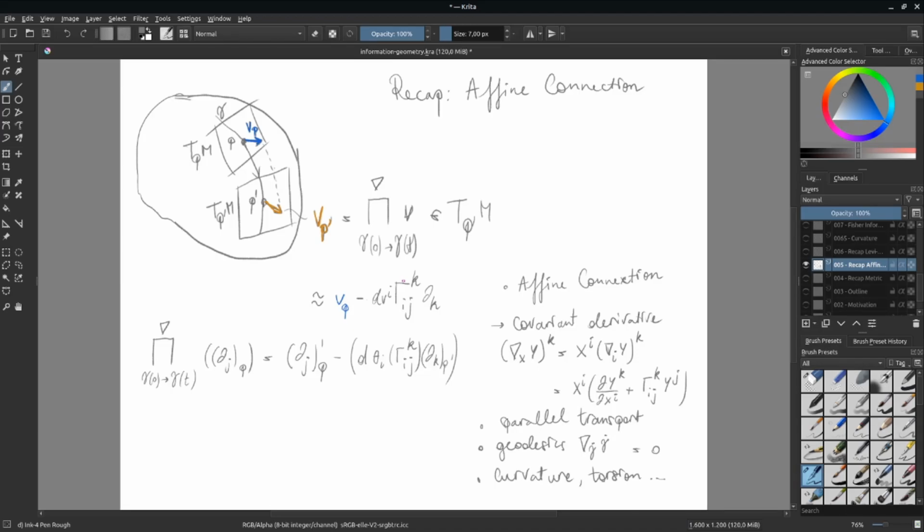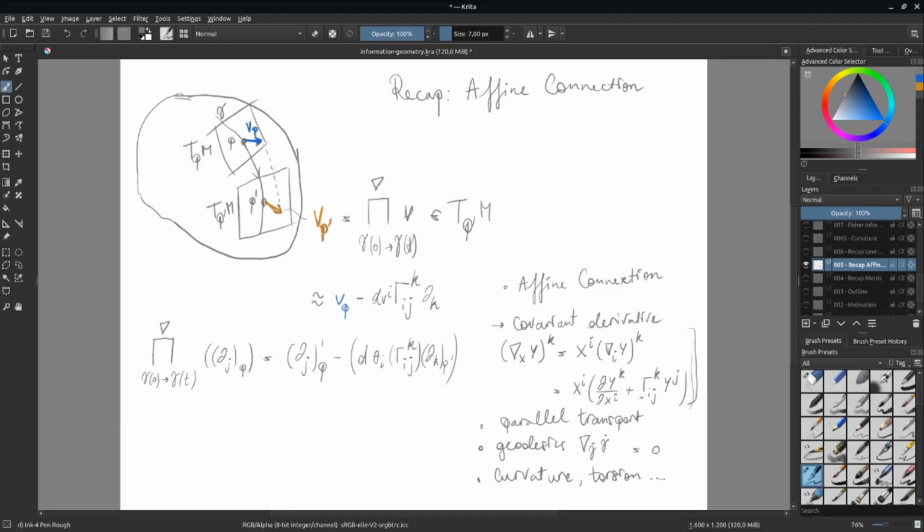I won't go back too much into it. Once we have these connection coefficients, we can do a lot of things. First of all, we can generalize the notion of derivative: we can take the derivative of a vector field with respect to another vector field, and it's defined as this. Really it all boils down to these connection coefficients.